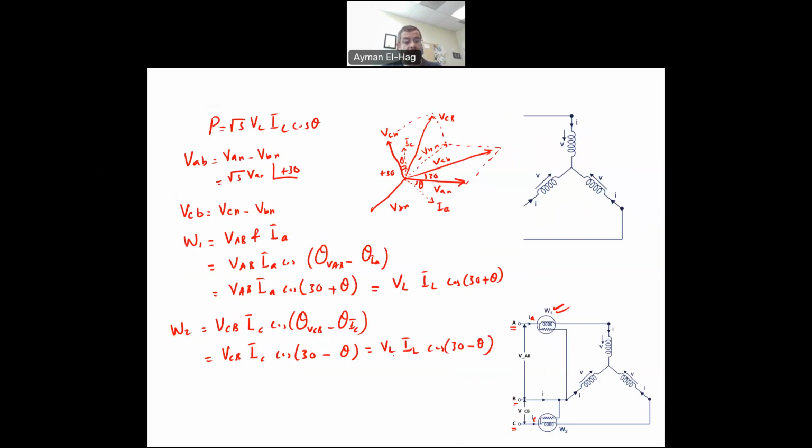Now, we want to find W1 plus W2. So W1 plus W2 is equal to V line, I line, cosine of 30 plus theta plus V line, I line, cosine of 30 minus theta.